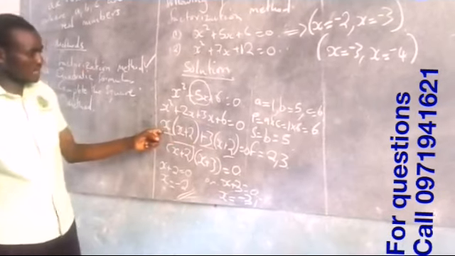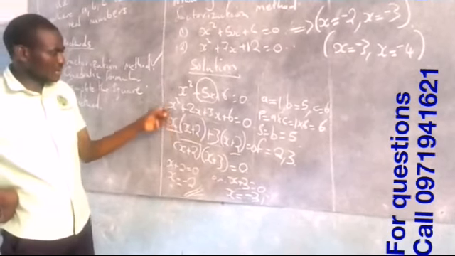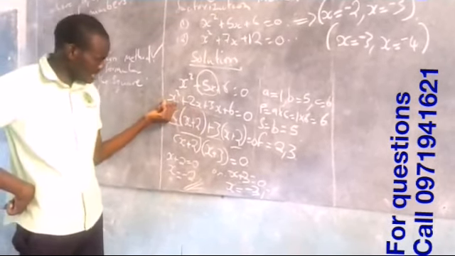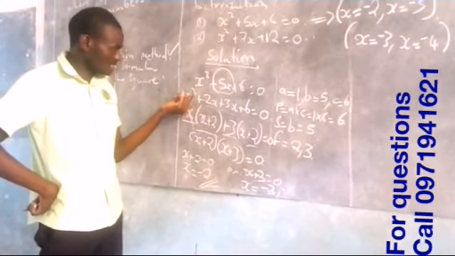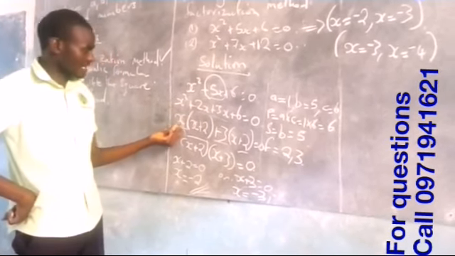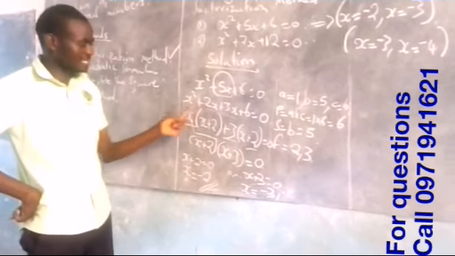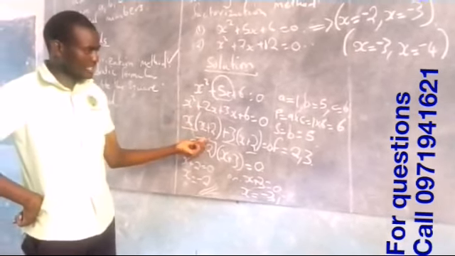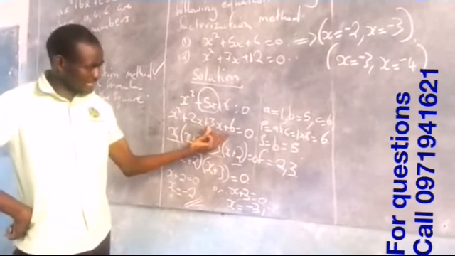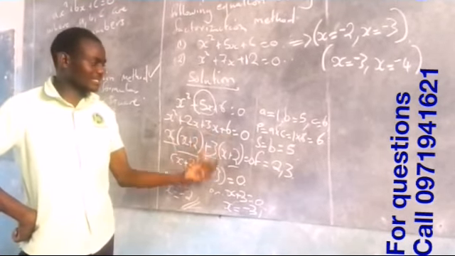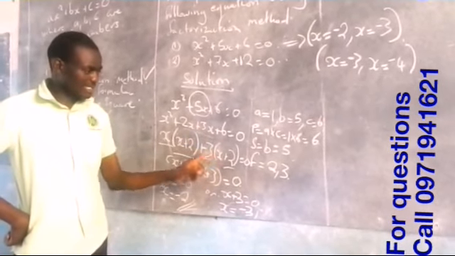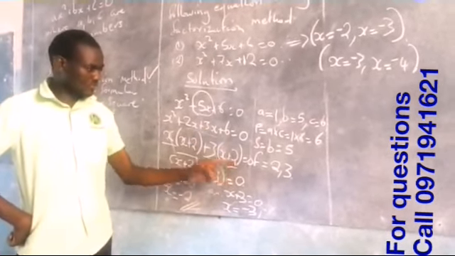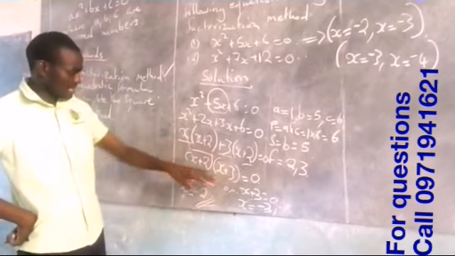Then you find the common factor of the first two terms: what is the common factor of x squared and 2x? It's x, then you divide. Then for the second set of terms, 3 into 3x you have x, and 3 into 6 you have 2.